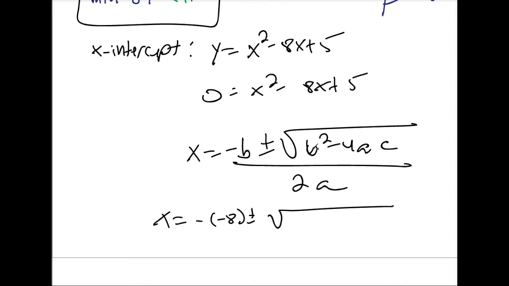And by the way, when you square negative 8, it always becomes positive, so you never have to worry about the sign. So it's negative 8 squared minus 4, and then what? 4 times 1 times 5.